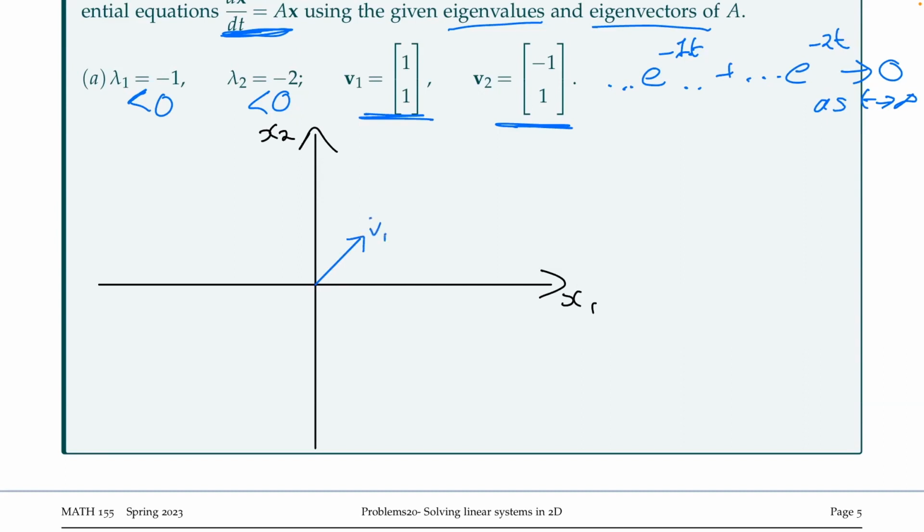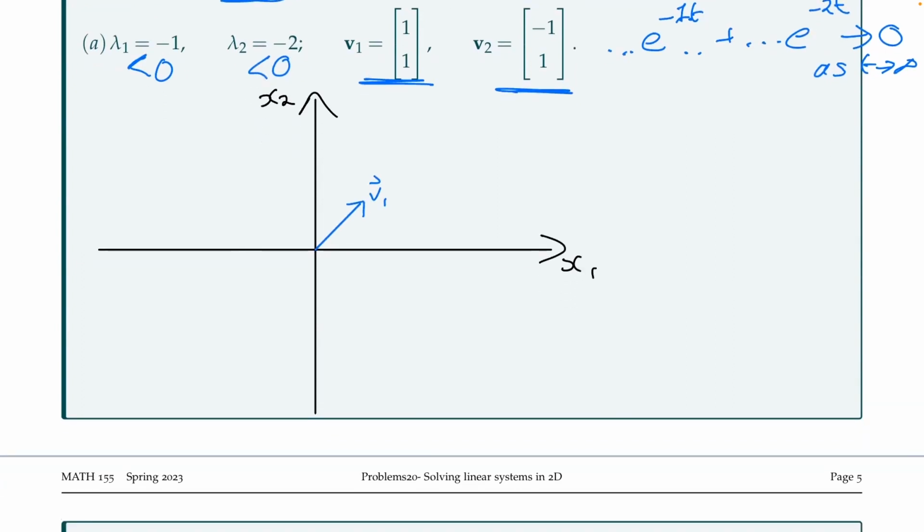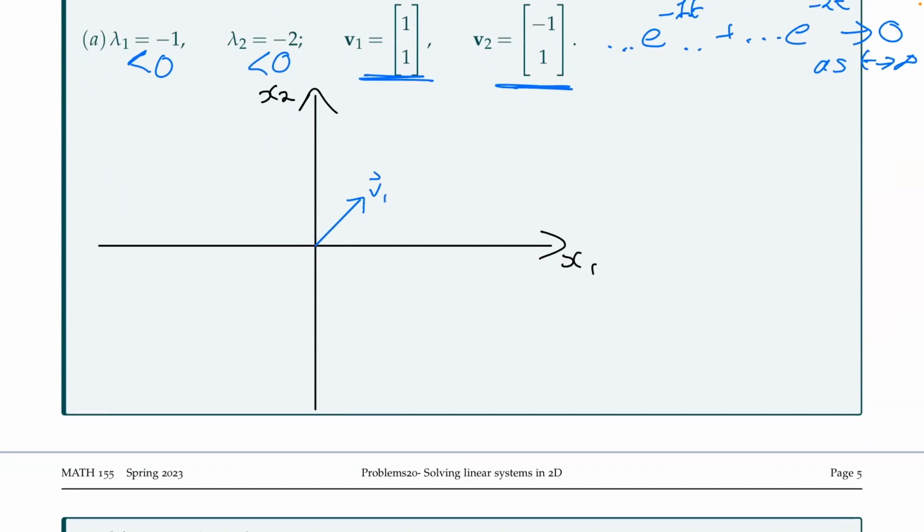So this is my v1. Because our eigenvectors, if you remember from earlier in the course, are unique only up to non-zero scalar multiplication. So I can multiply this by any non-zero scalar and I've still got an eigenvector. That's what it means for it to be an eigenvector.